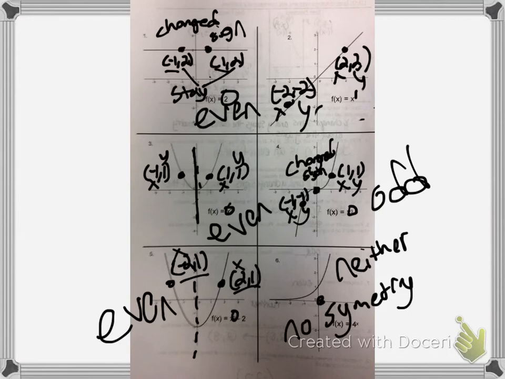Also, if I plot some points here, so if I plot 0.5 and 2, that's not, I don't have any negative 0.5 and 2 here, and I don't have any negative 0.5 and negative 2. It's not going to cross, so it meets none of the criteria for even or odd. Alright.